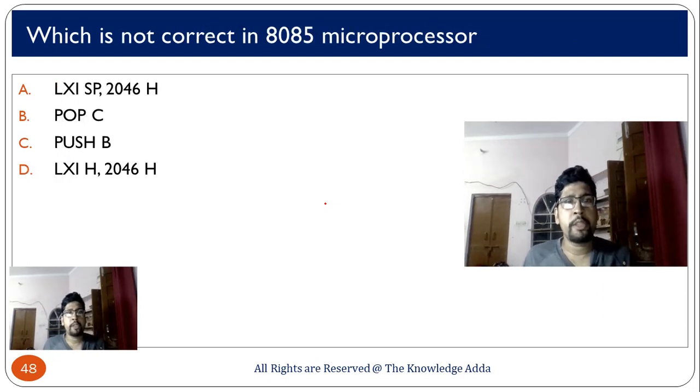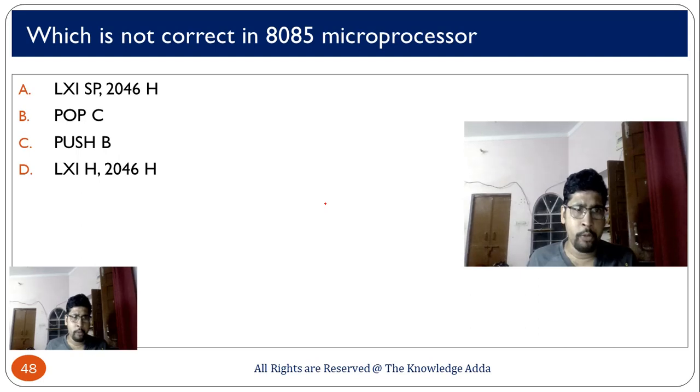Now which is not correct in the 8085 microprocessor? Let's check the first line, LXI SP, 2046. As we know, the stack pointer is a 16-bit register. So in this case 2046 is also 16-bit data, means the first line is correct. POP C, this is false, because when you are going to use POP and PUSH, you have to mention a register pair with them.